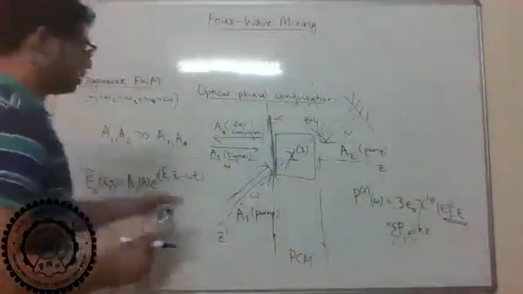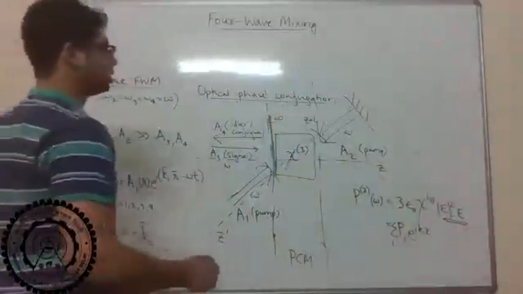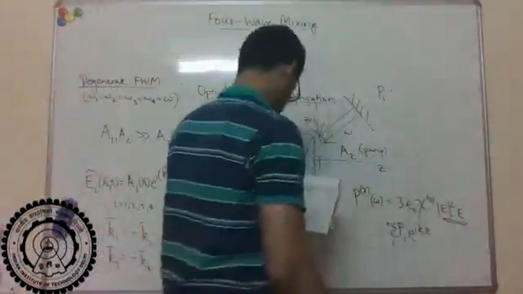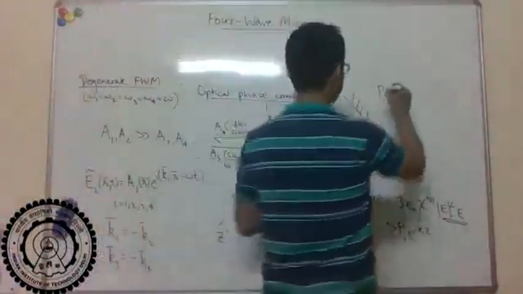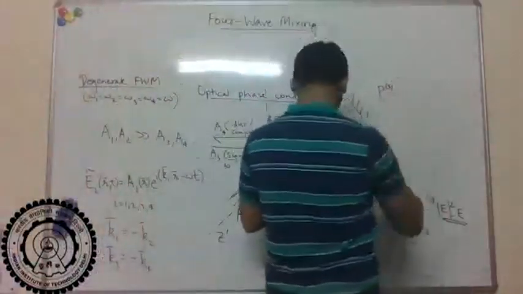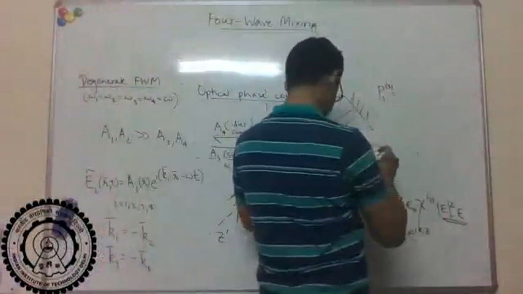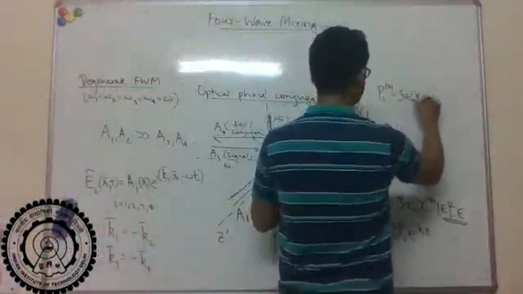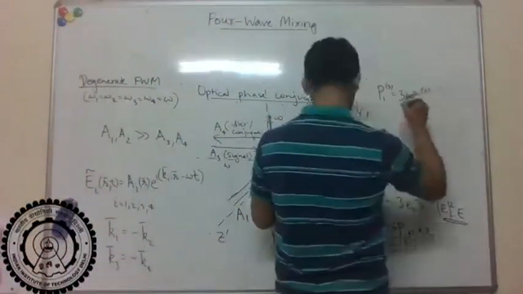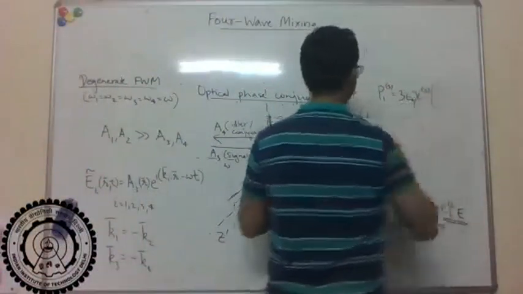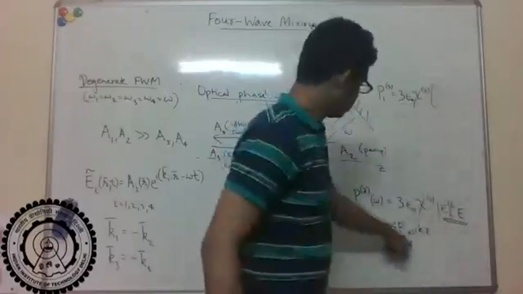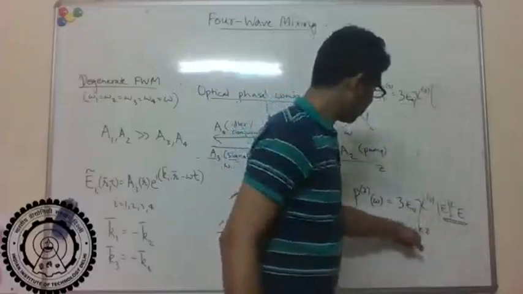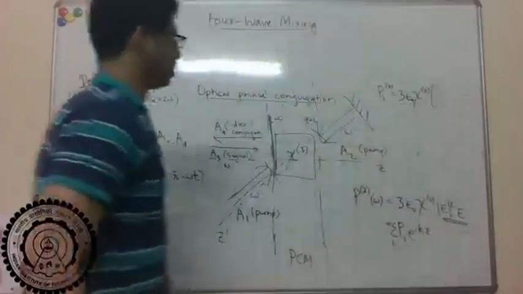So, for example, if I want to write P1, P1 is the coefficient of the term which is going as e to the i k1z, right?